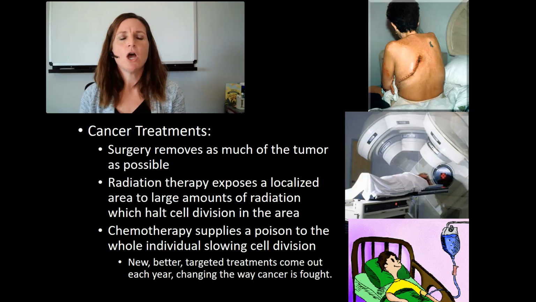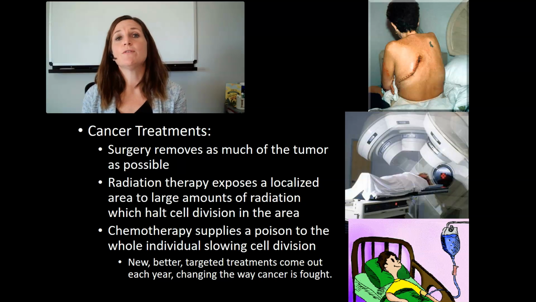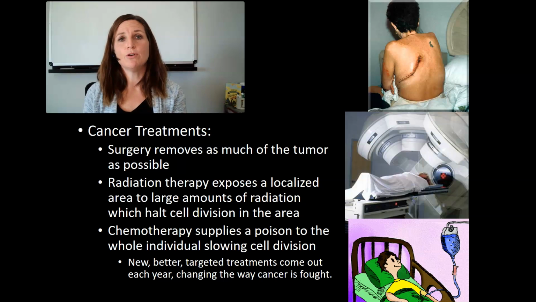So, for example, currently, if you're diagnosed with breast cancer, your first line of defense is actually going to be chemotherapy. You're going to do a targeted treatment that's going to attack the cancer cells of the tumor. You would follow that up usually with a surgery to remove as much of the tumor as possible so that you can exactly map where the tumor was.